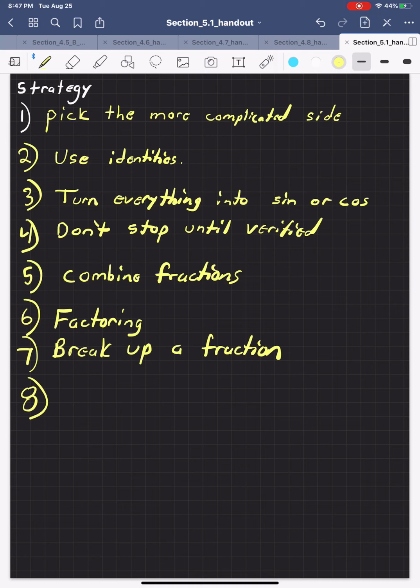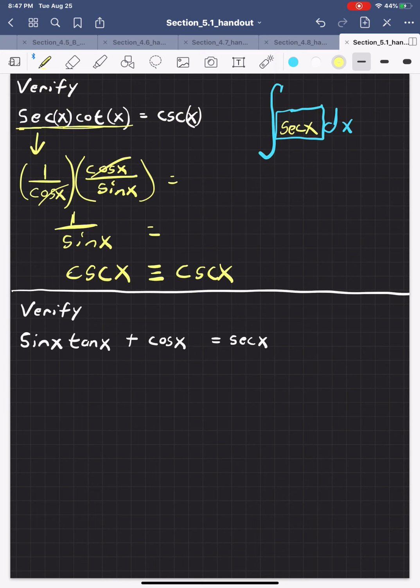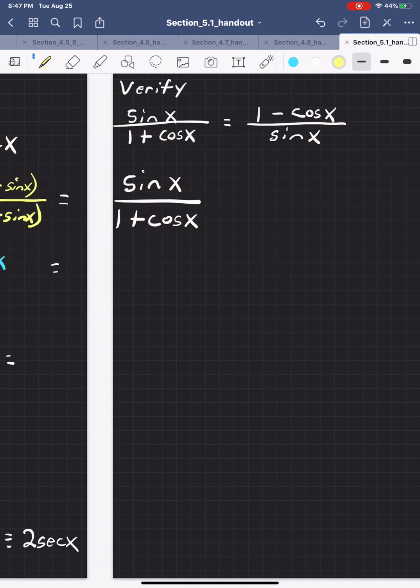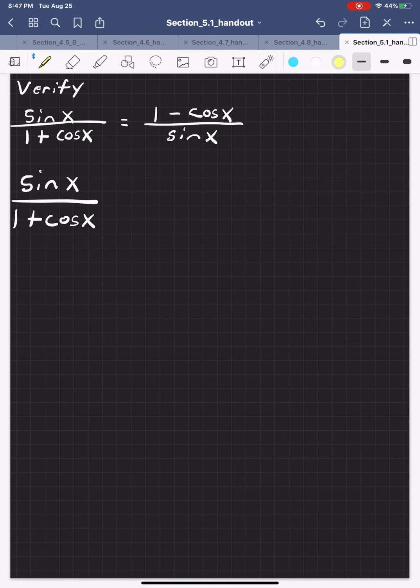What you can try to do is rationalize. Rationalize the denominator, numerator. Just understand that rationalizing is a tool that you have at your disposal.